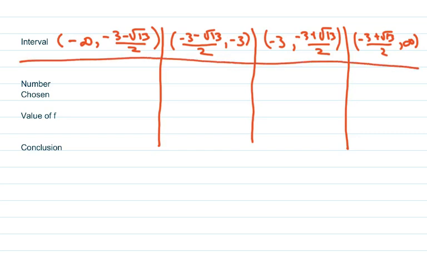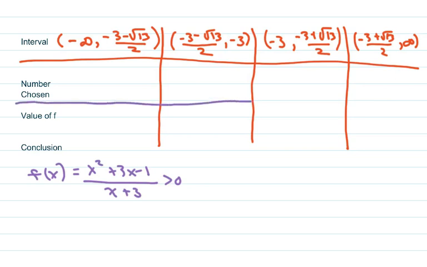Now you plug it into your function. Again, our function, f of x, equals x squared plus 3x minus 1 over x plus 3, and we want this to be positive. I already plugged these in using the calculator.